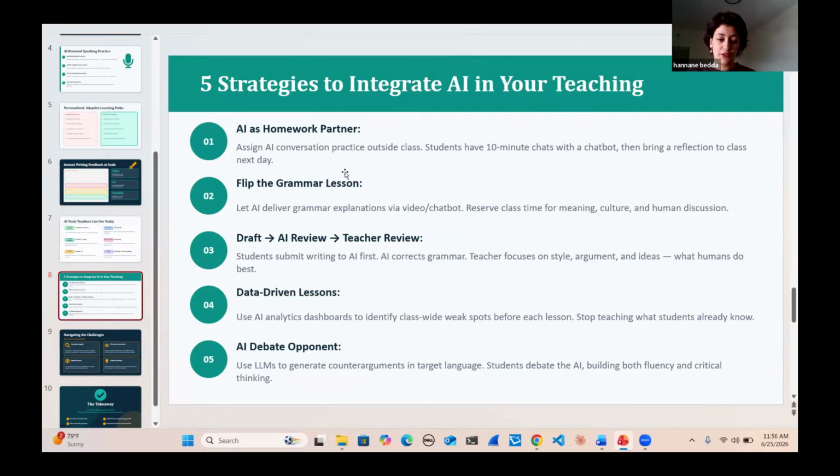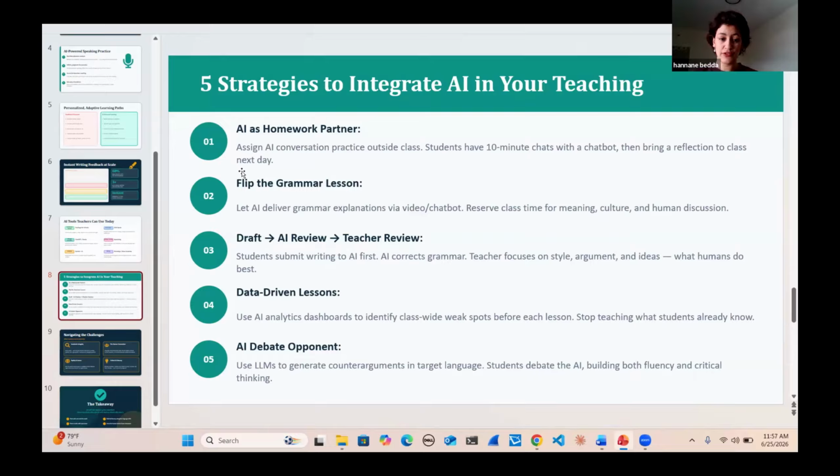Secondly, flip the grammar lesson. The teacher should let AI deliver grammar explanations via video or chatbots, and reserve class time for meaning, culture, and human discussion. So instead of teaching the subject, verb, or the tenses, you can leave it to AI and do more conversation in the classroom.